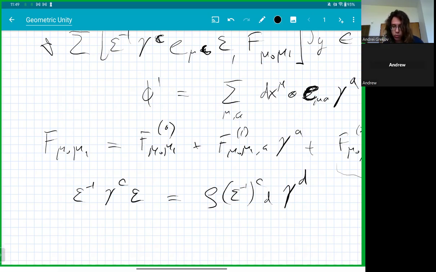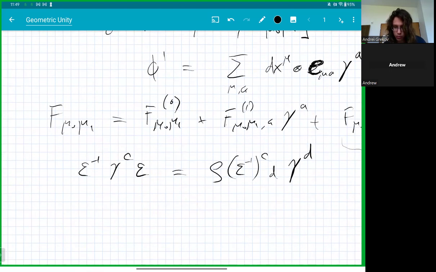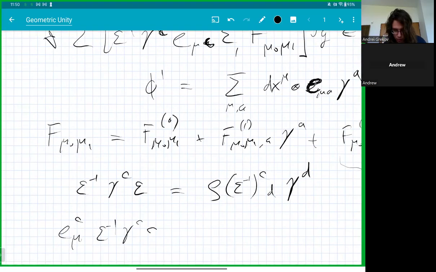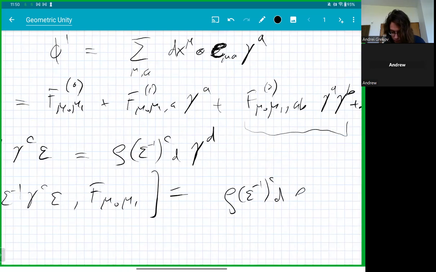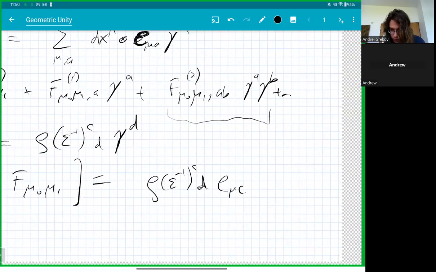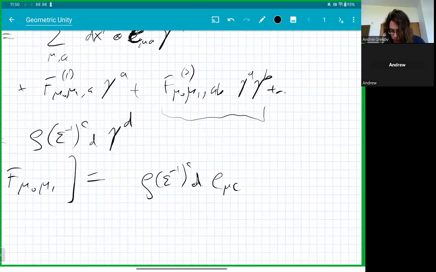And this allows us to make some explicit calculations, because then we would have mu c epsilon inverse gamma c epsilon, commutator is f mu 0 mu 1, will give us this type of thing.